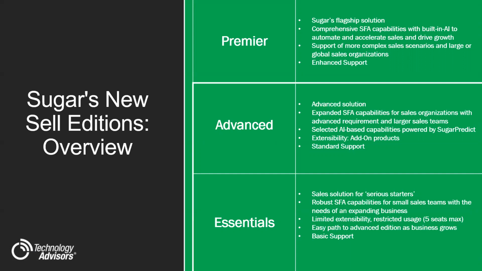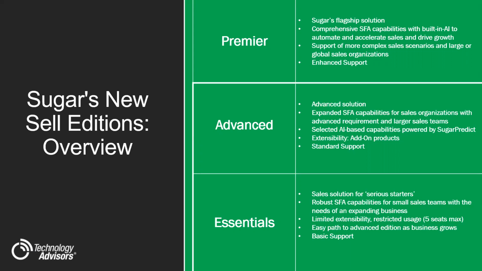Sell Advanced is going to be very similar to Sell today, unless you're using some of the functionality in Enterprise that's being brought over. It has the standard capabilities that you see with the product today. Sugar is still actively working to make their AI, Sugar Predict, more robust and powerful, and that's embedded in Sell Advanced. Add-on products are very similar to today.